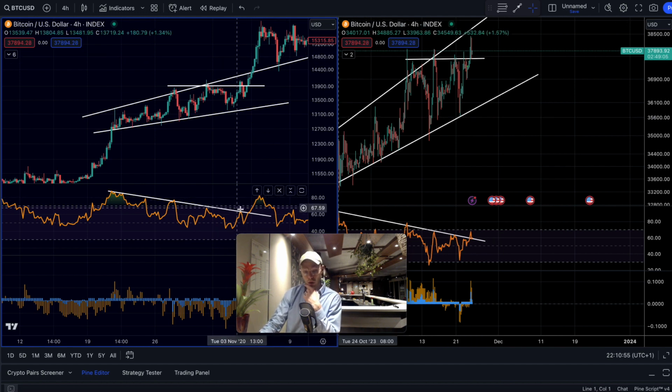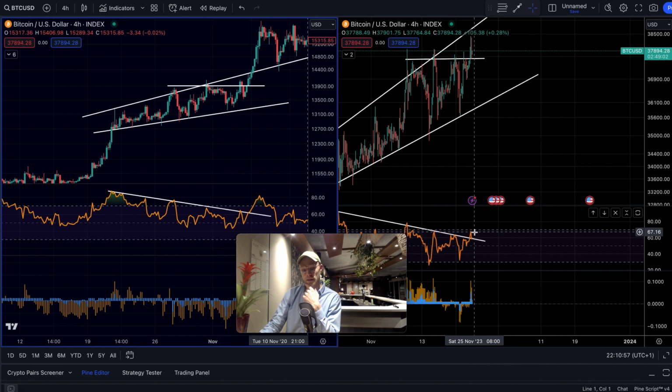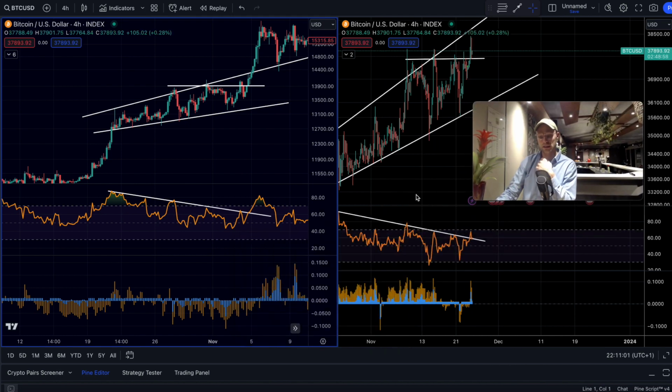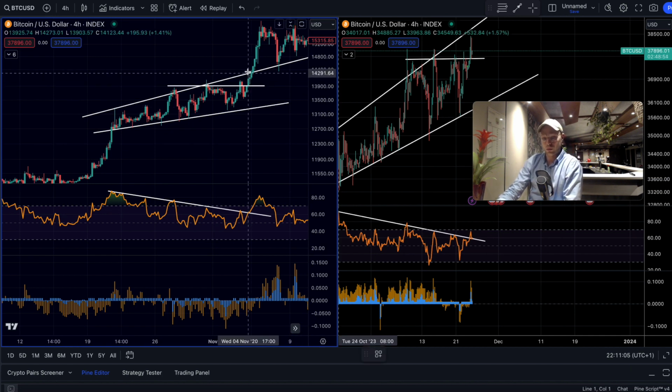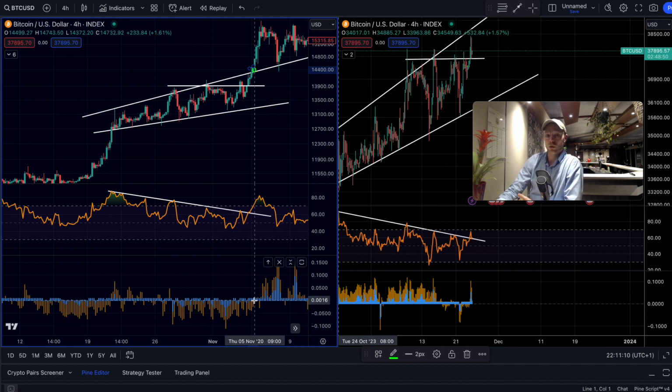We also broke out of the relative strength index back then, and here you can see we just recently broke out of the relative strength index in the period right now as well. Also right here, when we broke that megaphone pattern, you can see that the funding was still negative, but it was turning bullish. It was turning positive.